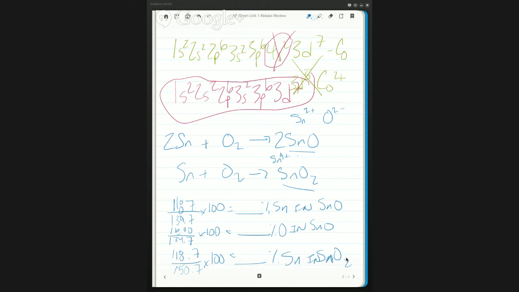So that's how you would balance the equations for metallic tin plus oxygen gas to give you those formulas, and then how you'd find the percent of each element in each compound. That would answer all of those three questions. There were just rewordings on that.